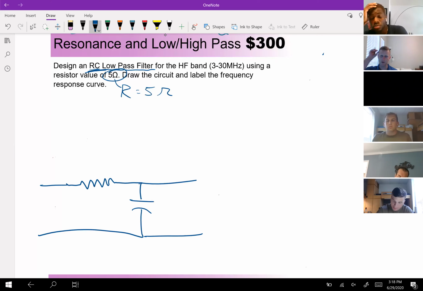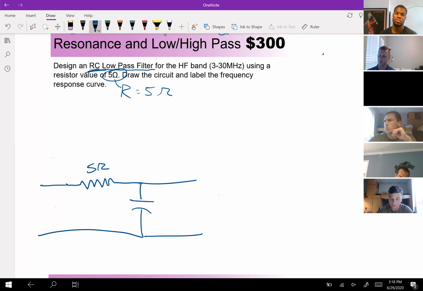But remember that at very low frequencies, this capacitor will turn into a short. So the filter that we are designing already we know has 5 ohms.